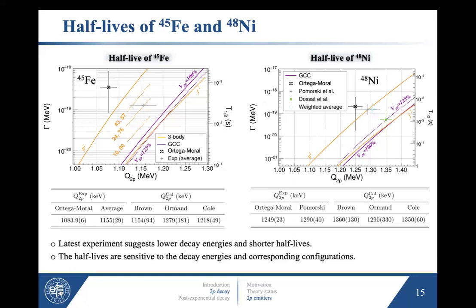But of course, we know this half-life is quite sensitive to the decay energies and the configurations. So we might need future experimental and theoretical studies with high statistics and high resolution to really draw solid conclusions.